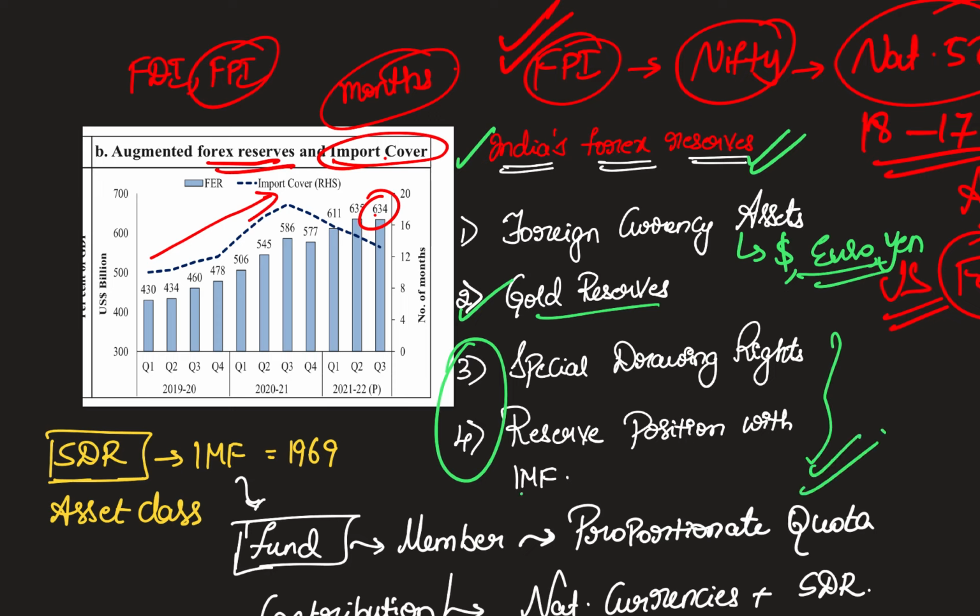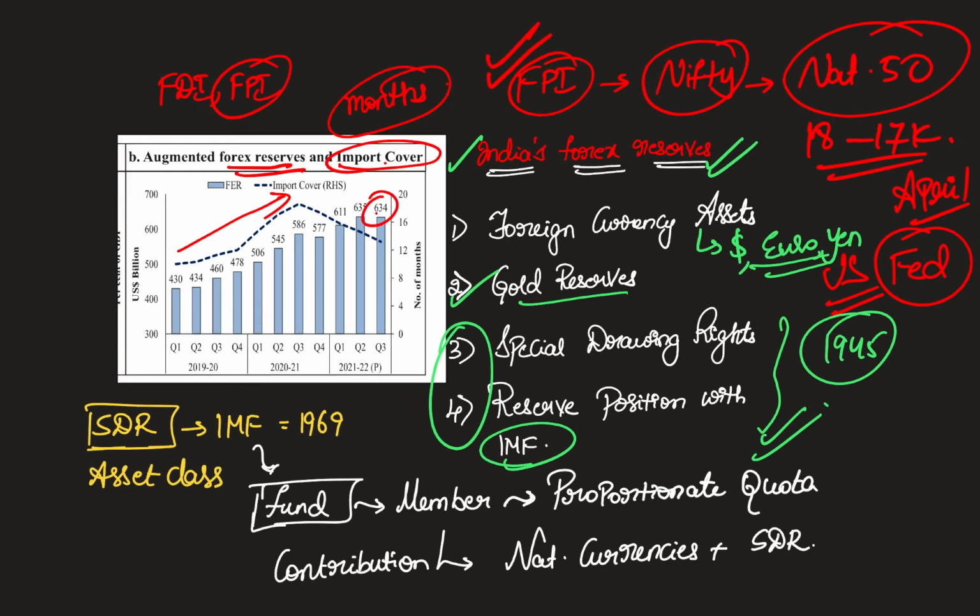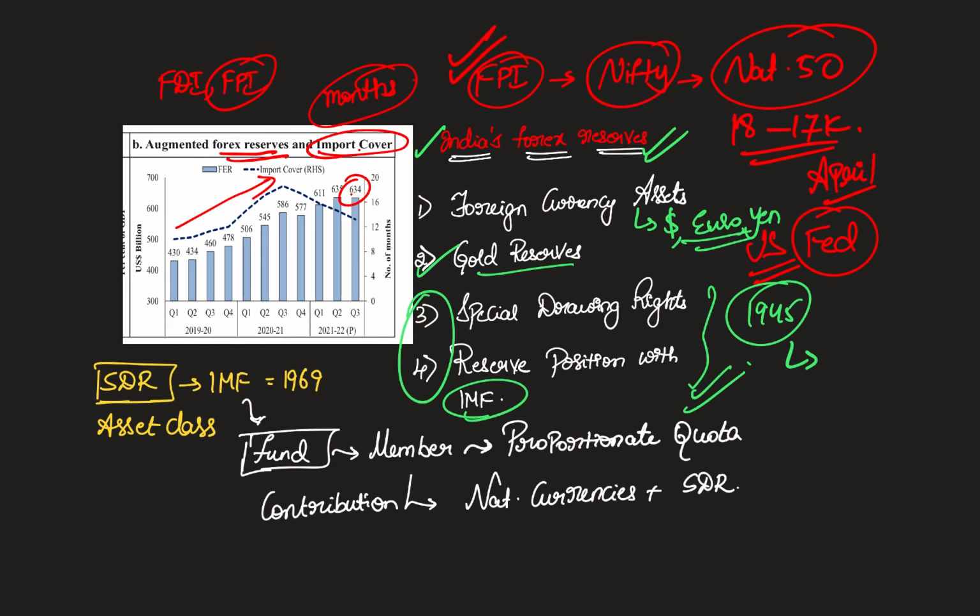Now, for this to be more clear, you have to know the objective of IMF. After the World War, in 1945, certain institutions which were supposed to maintain the financial stability of the world came into existence at a place called Bretton Woods. So these institutions are called Bretton Woods institutions.